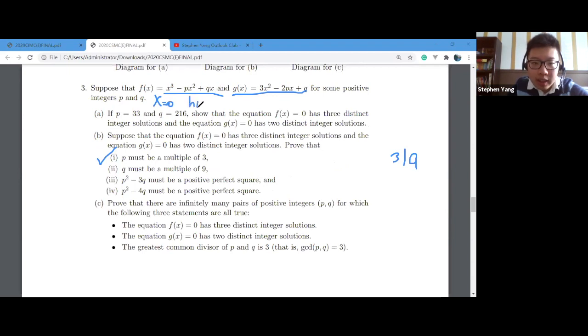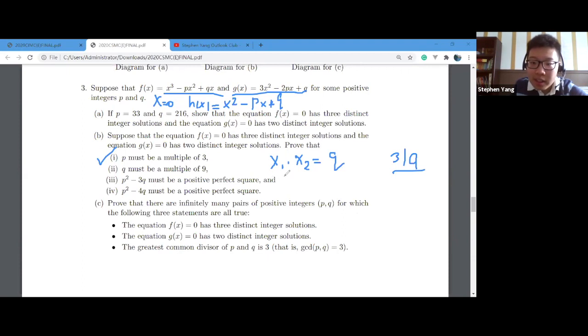So let h(x) equal x squared minus px plus q. In h(x), x1 times x2 is equal to q. Since q is a multiple of 3, that tells us one of x1 and x2 is a multiple of 3.